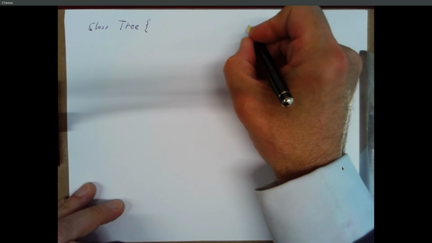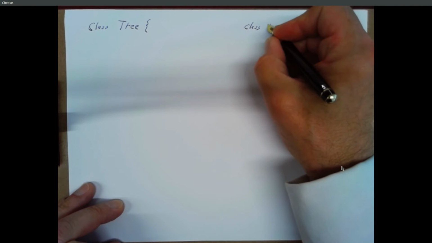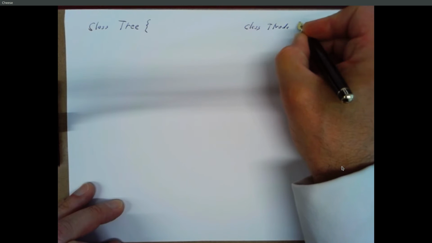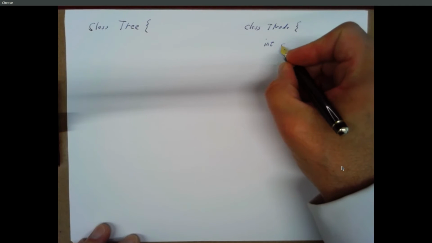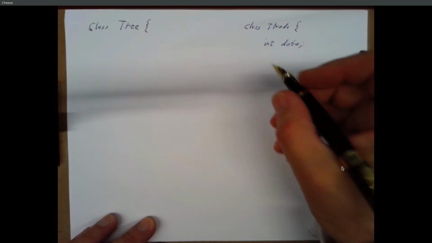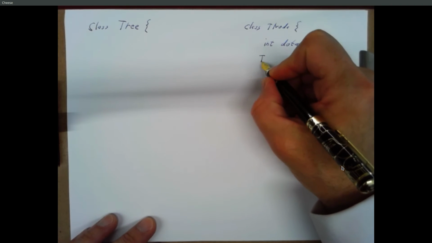So let me call it T node. And so what do you think the fields of a T node should be? Let's say this is a tree of integers. You want your data, so let's have integer data. If it's a binary tree, a left and a right. And what type of things are left and right? T nodes. They're T nodes. Okay, so you got this.